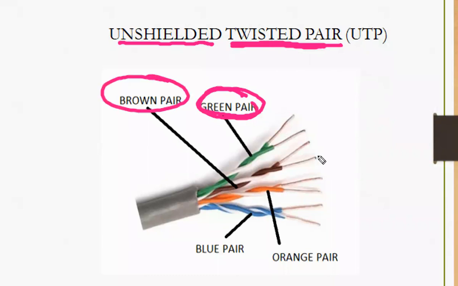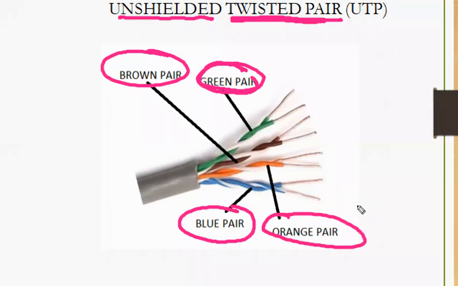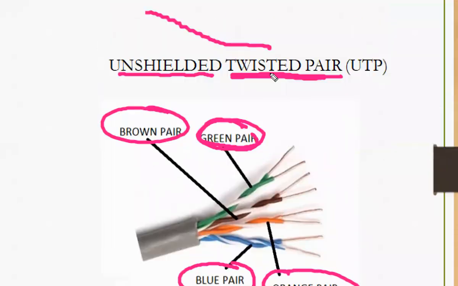Now you have another one, the brown pair, along with a white one. Then the blue one, with the twisted white one along with it. Now the orange one, again with a twisted white one. Clear? So this is the unshielded twisted pair cable.